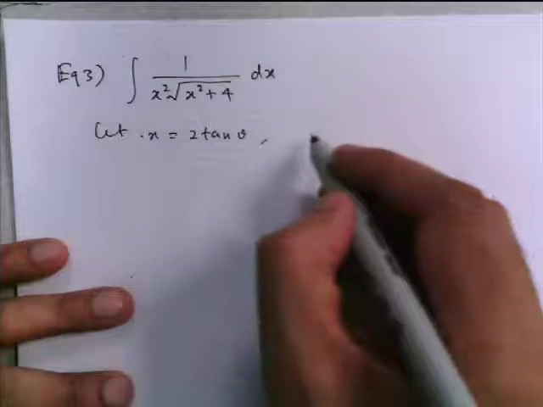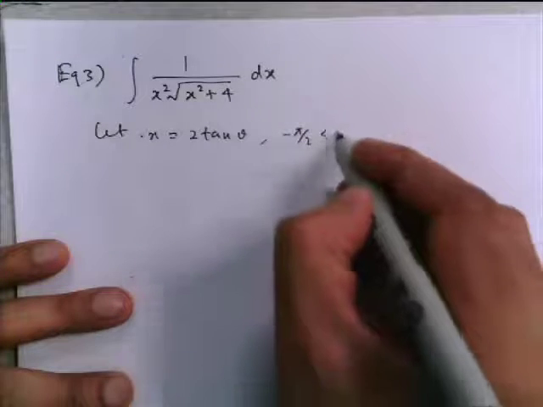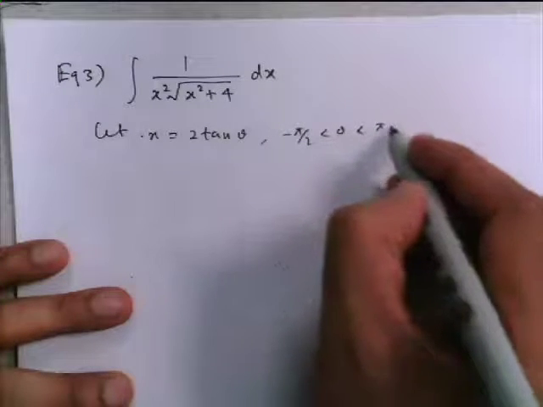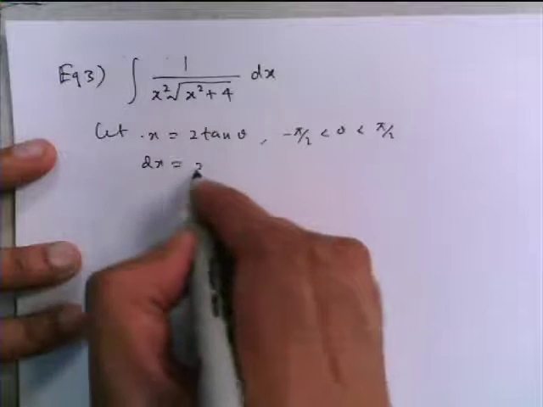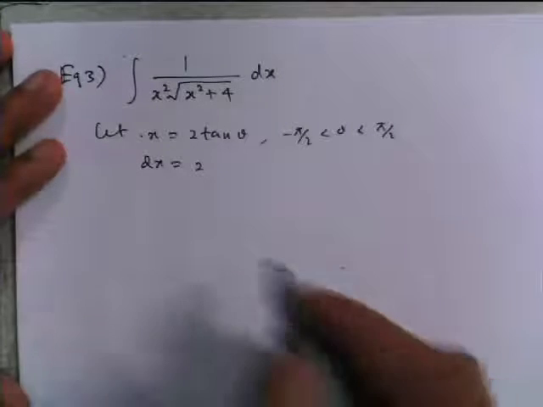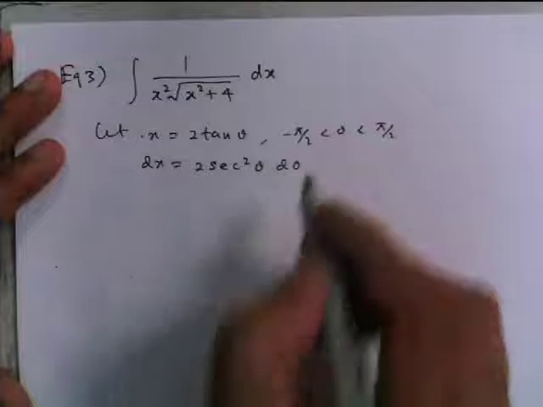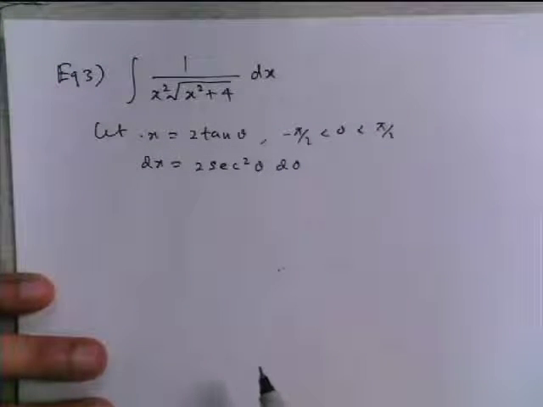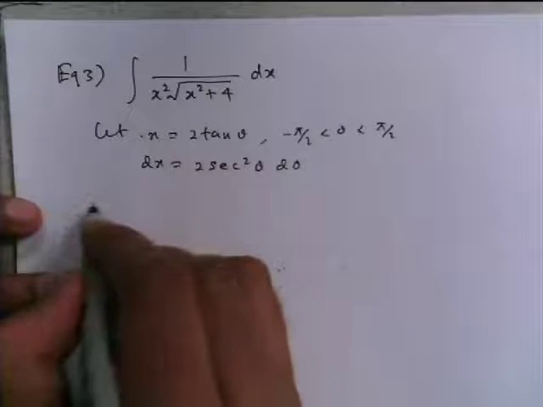And where is theta? Theta is in between negative pi by 2 to pi by 2. So dx equal, what is dx equal to? 2 secant squared theta. Okay, so now let's put these together.